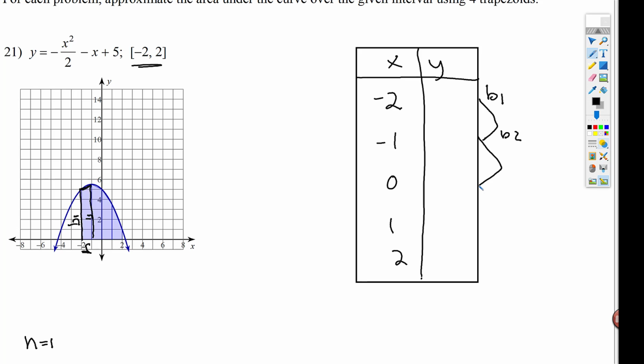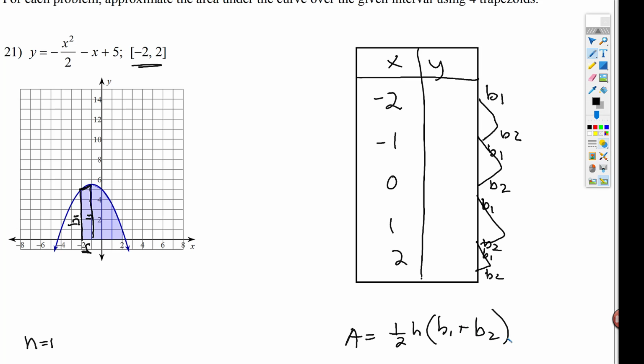And then for the second trapezoid, this now is base 1, this is base 2. And then the trapezoid formula is, area of a trapezoid is 1/2 the height times base 1 plus base 2.